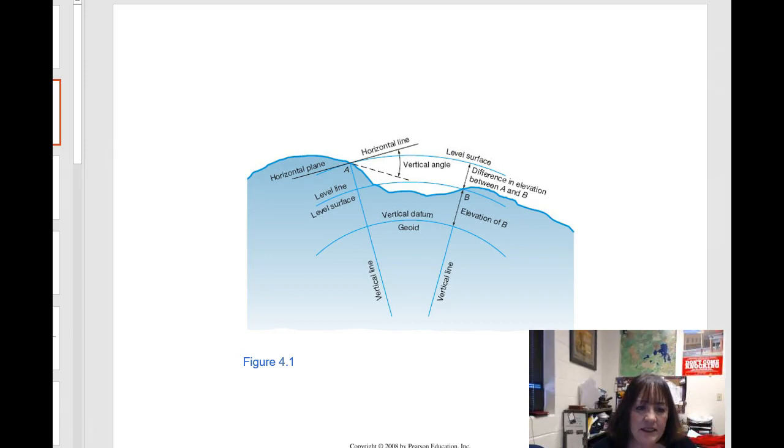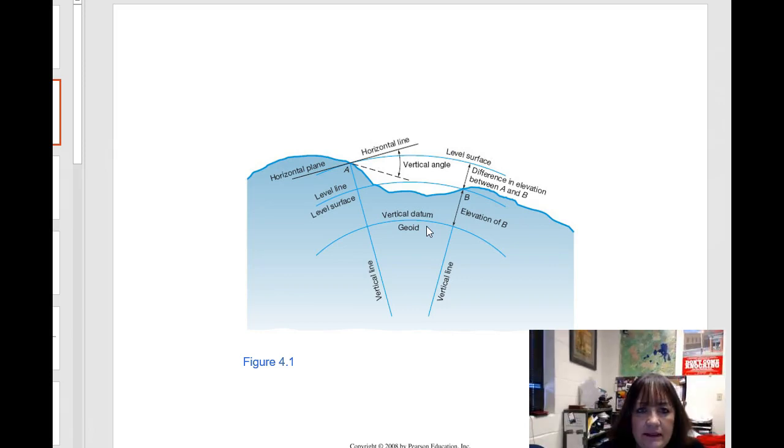The level of the lake can go up and down, but it's never based on a datum that goes up and down. So in other words, sea level rises and falls, tides go in and out, but there is one elevation that establishes mean sea level for the entire world.